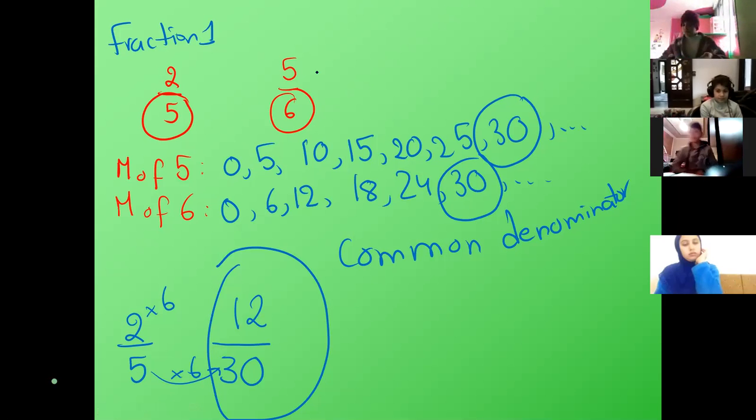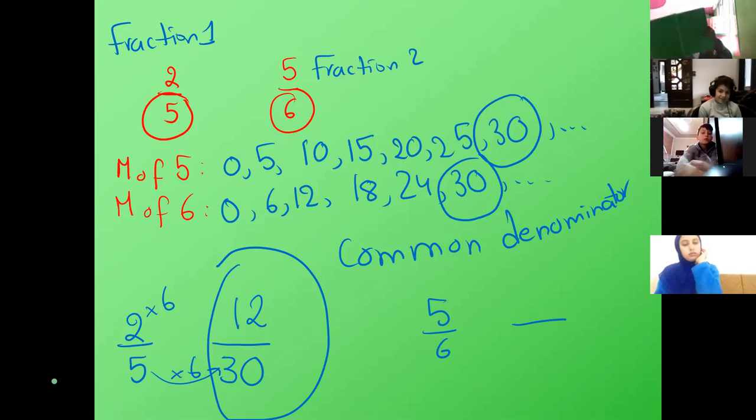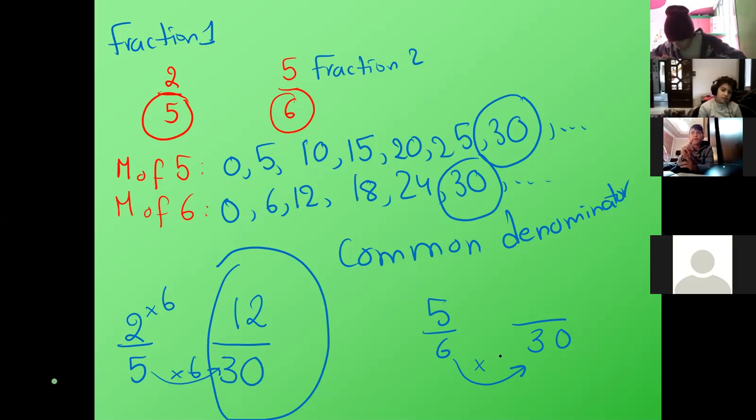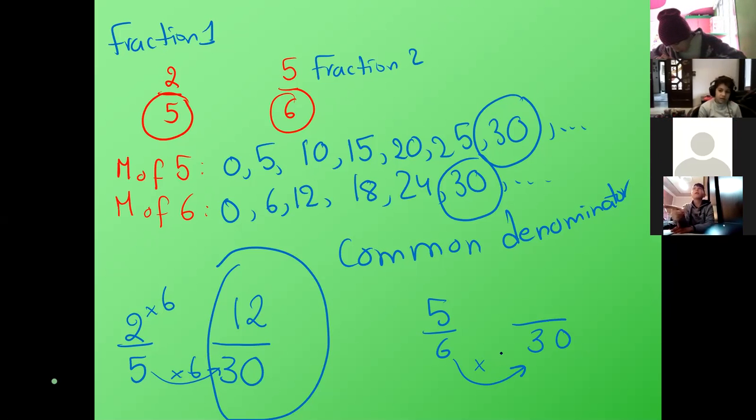Now the second one. Fraction 2 is 5 over 6. In order to find the equivalent fraction to 5 over 6, I will write first the common denominator. What is the common denominator? 30. I ask myself, which number in table 6 gives us 30? 5.